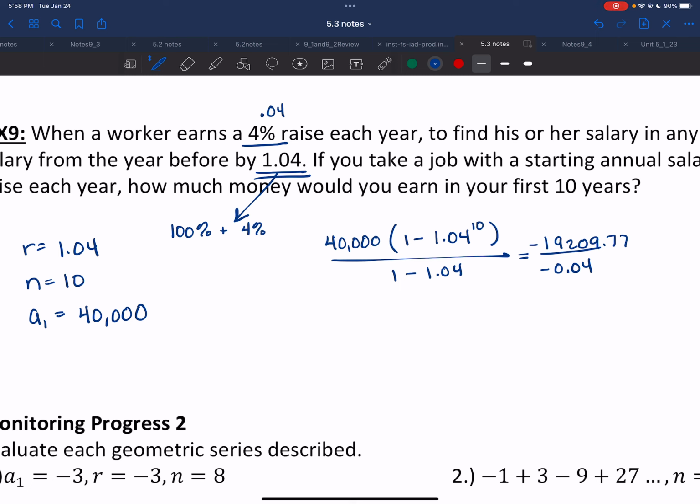And then I go ahead and divide it by negative 0.04. And I get the value of $480,244, which if I didn't get a raise each year, I would be at $400,000. So getting that 4% raise accumulates to about $80,000 over the course of that job.